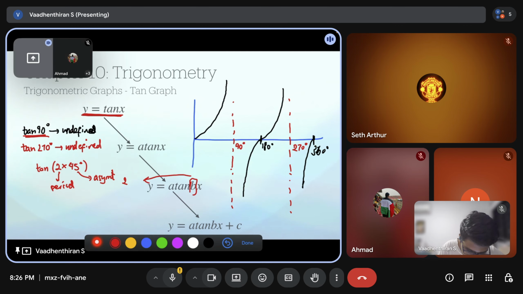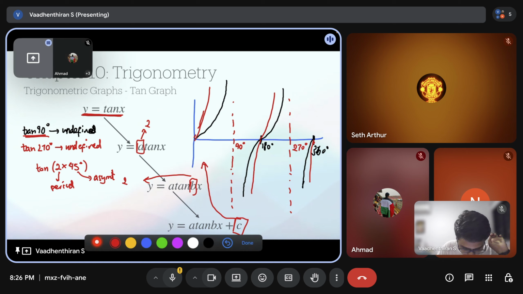And whenever you draw the graph, it goes up towards the asymptote but does not touch the asymptote. And this is the A, which is the amplitude, it's stretched up and down. Depending on this A, if it is 2, it will be stretched like this. So the gradient will vary. And this C transitions the graph up and down.